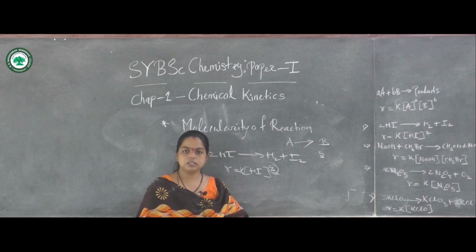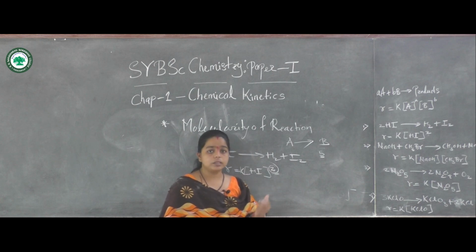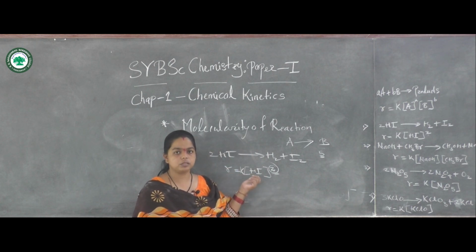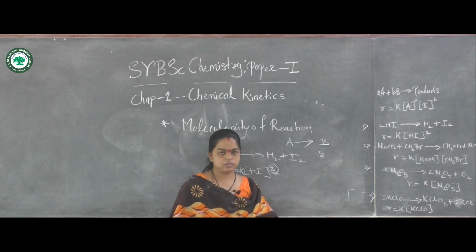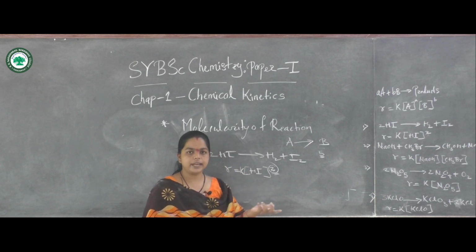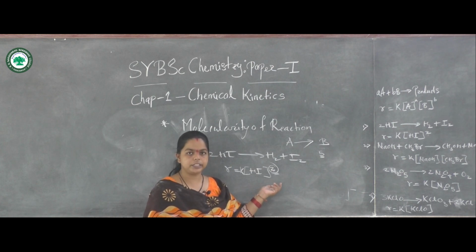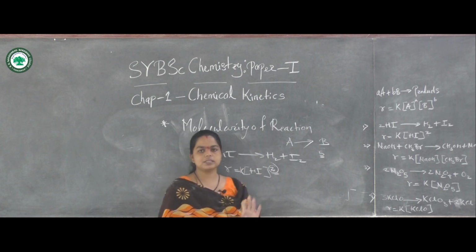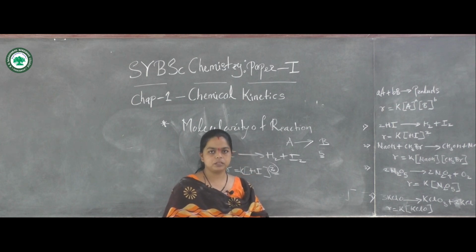Now when we consider the difference between order and molecularity: molecularity can never be fractional or 0, but order may be 0 or fractional. This is the first difference. Secondly, the order is an experimentally determined quantity, while molecularity is a theoretical concept. It is theoretically determined.